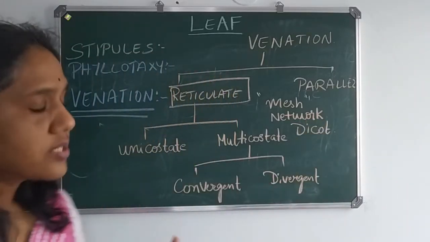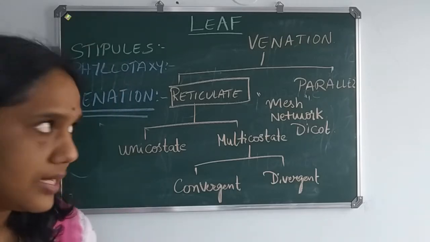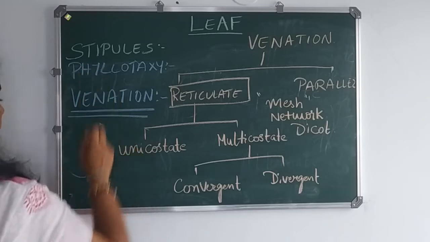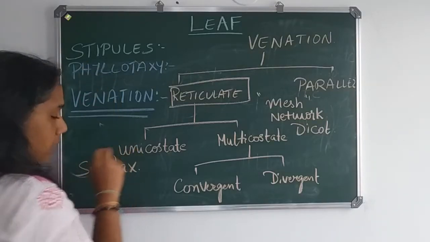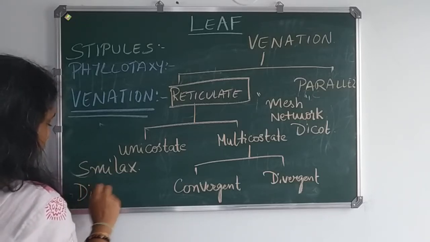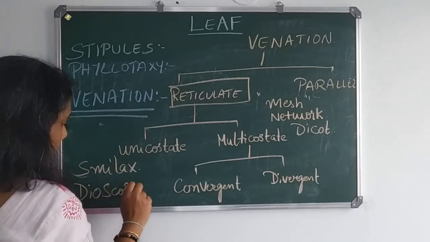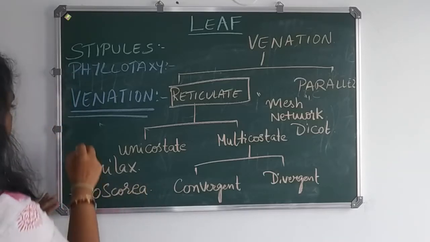But there are certain exceptions where there are some monocot plants like Smilax, Dioscorea, and aroids.